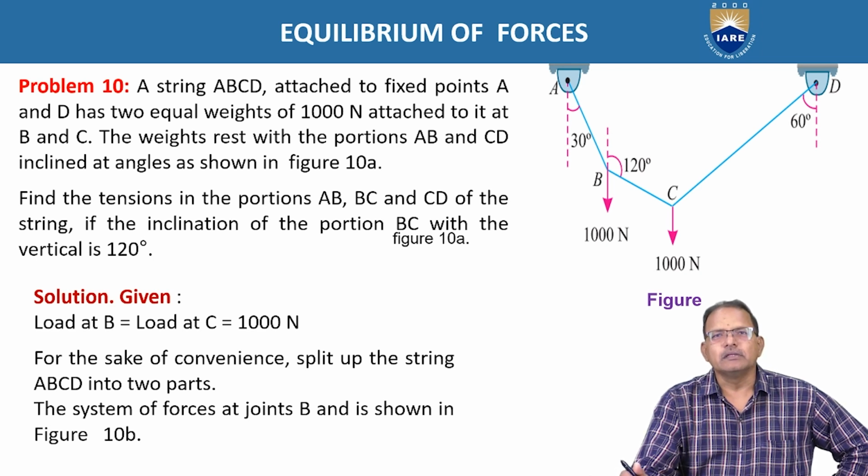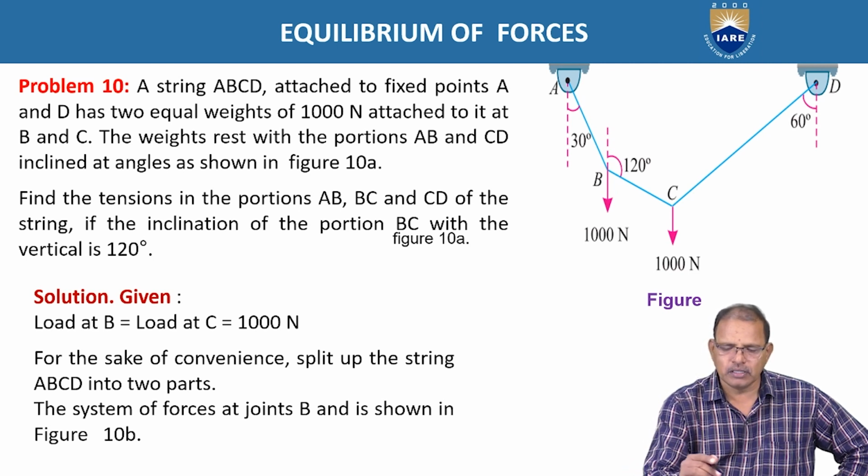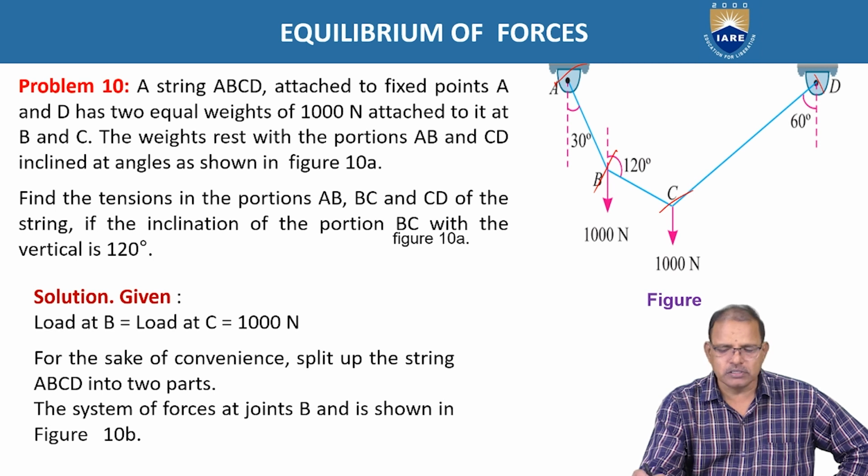Now, problem number 10. A string ABCD, attached to fixed points at A and D, has two equal weights of 1000 newtons attached to it at B and C, as shown in the figure.